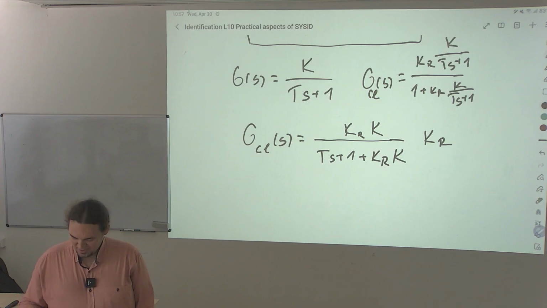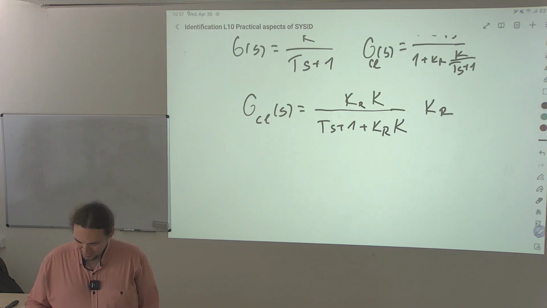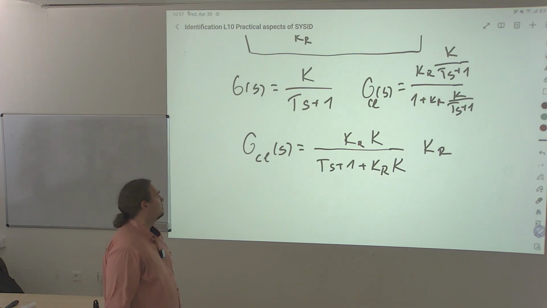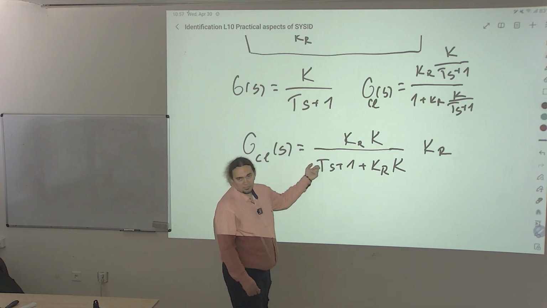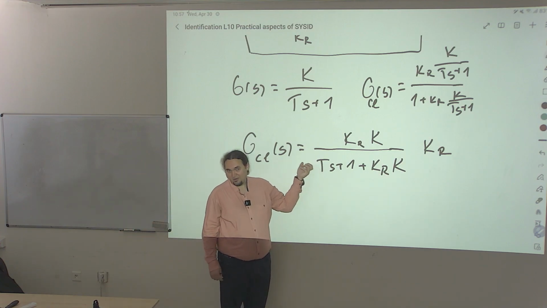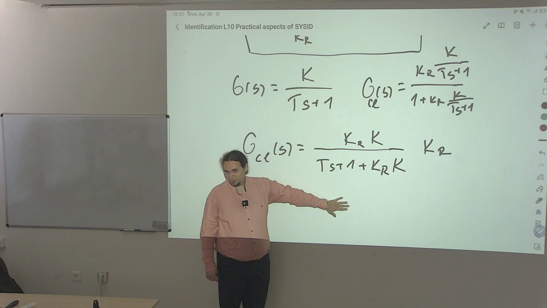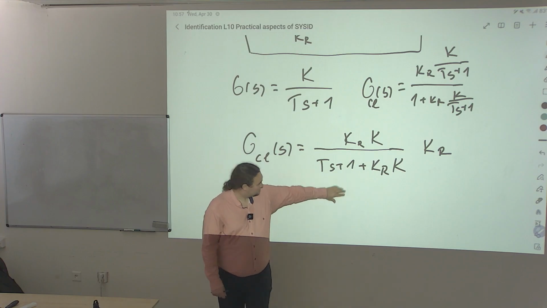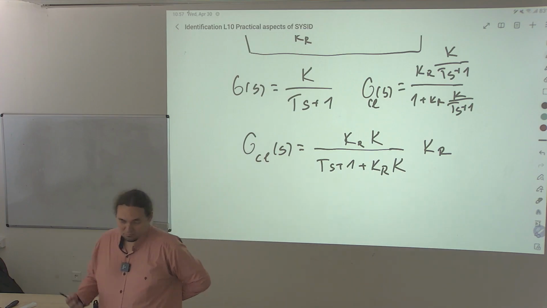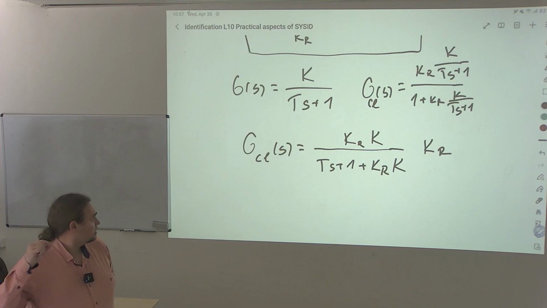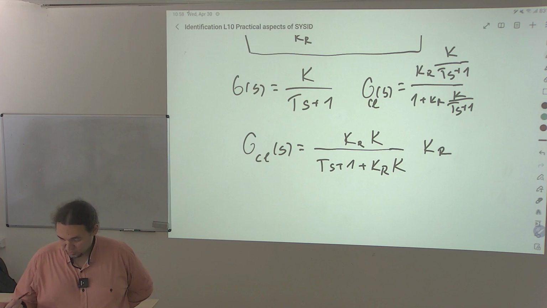The whole point is that this again can be fitted as an ARX model. You can transform it to discrete time and work out what the coefficients of this model are.